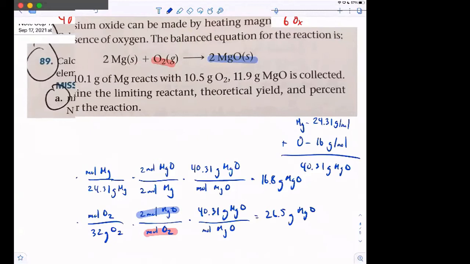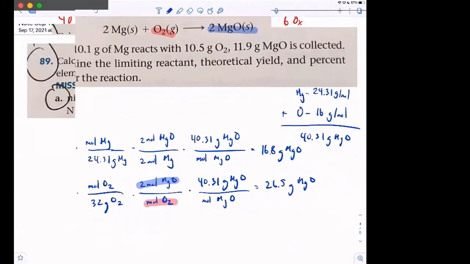Now, if you follow the examples in the book, they stop at moles and then mark what the limiting reagent is. I just like to go ahead to grams because I don't like to stop and then start again. I just like to chug all the way through, but that's my own personal preference. If you want to stop at moles and then restart again, that is totally valid. You can go ahead and do that.